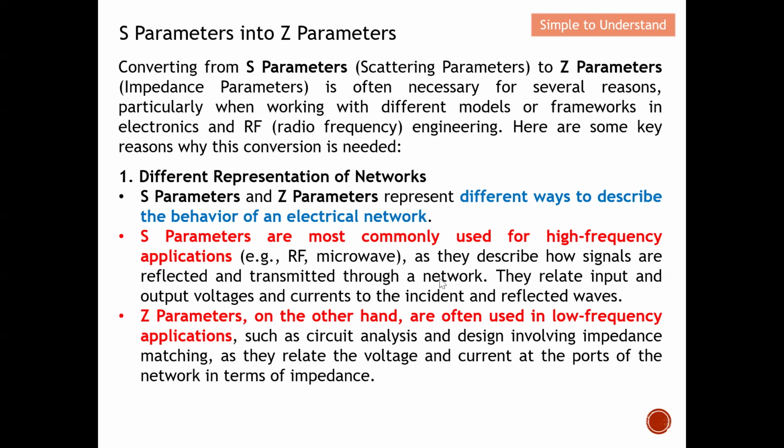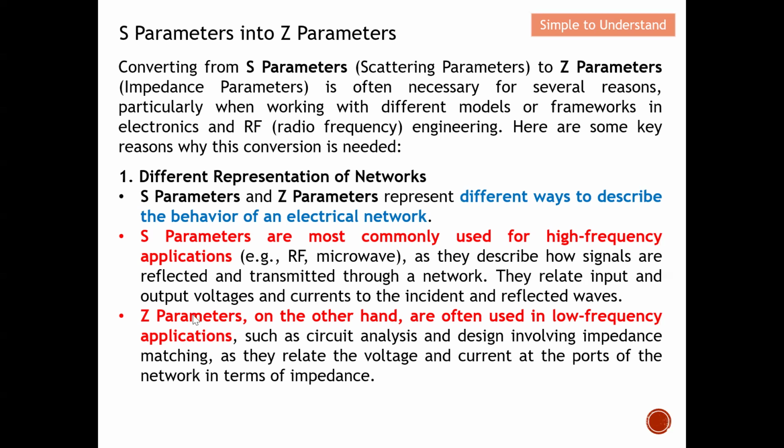If you have seen the discussion on S parameters, you know that we use them because we cannot have so-called 0 ohm or infinite ohm, or open or short circuit. Therefore, we describe the circuit by the reflected and transmitted signals. Basically, they relate the input and output voltage and current to the incident and reflected waves. This is the purpose of S parameters.